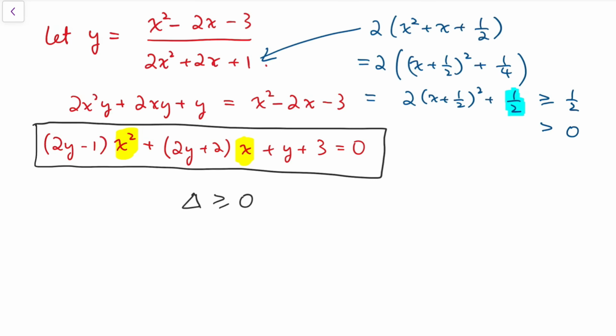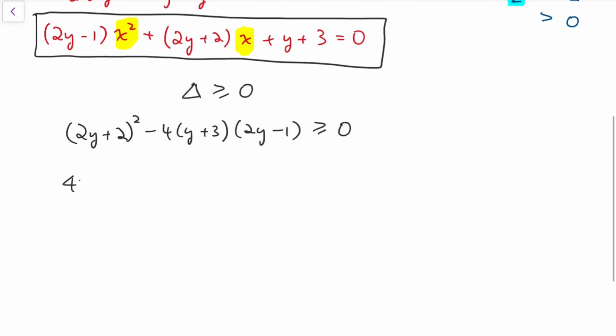Now we know that the discriminant is actually an expression of y. So let's see what we will get. By definition, we have (2y plus 2) all squared minus 4 times (y plus 3) times (2y minus 1), and it seems it's a quadratic.